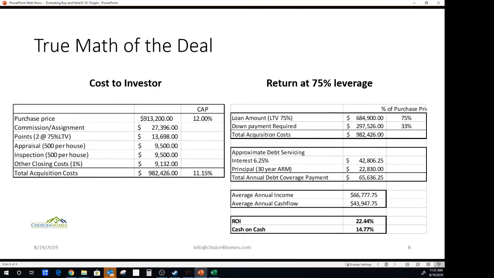For additional perspective, I haven't done it monthly, but your monthly income is going to be about $5,500, whereas your monthly cash flow is only going to be about $3,500. $5,500 a month versus $3,500 a month is a big difference.